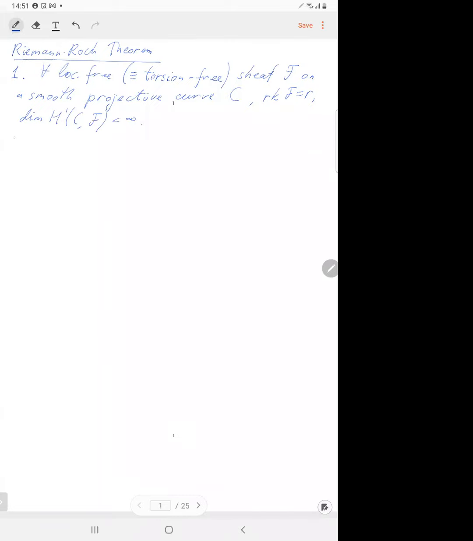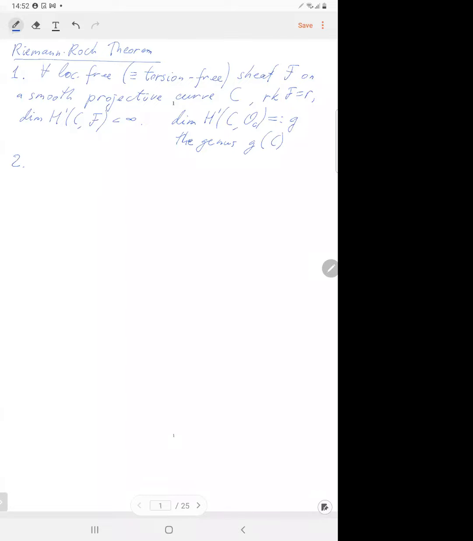This was just a prerequisite, and in particular, the dimension of the first cohomology with coefficients in the structure sheaf is dubbed G, the genus of our curve.